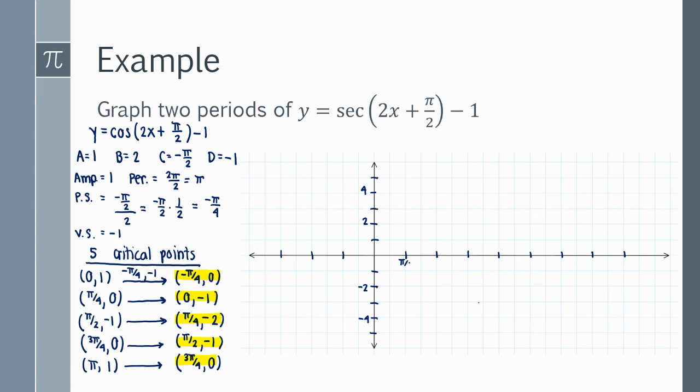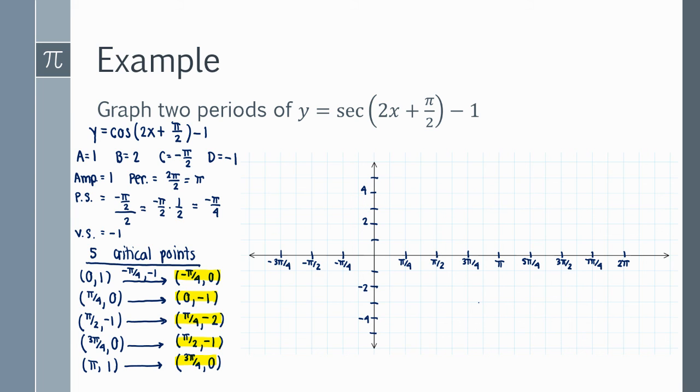Okay, so pi over 4, 2 pi over 4, 3 pi over 4, 4 pi over 4, 5 pi over 4, 6 pi over 4, 7 pi over 4, 8 pi over 4. Or we could do a negative pi over 4, negative 2 pi over 4, negative 3 pi over 4. Okay, so all of that takes care of labeling.